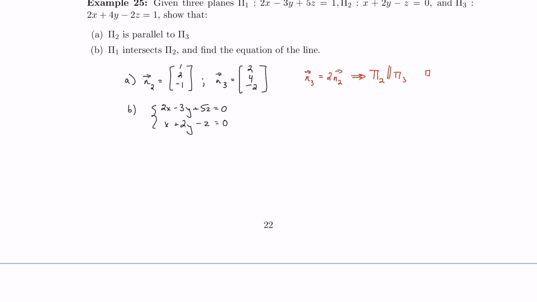I have fewer equations than I do variables. So this is going to mean that one of these variables is what we're going to call a free variable, meaning that essentially its value is not really relevant to the outcome of the problem, and I'll show you how to deal with that in a second.